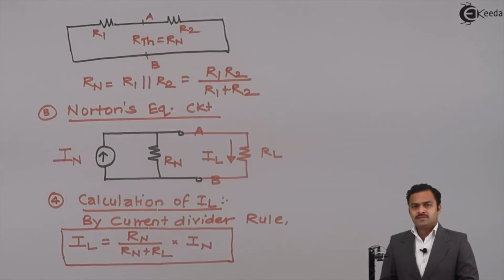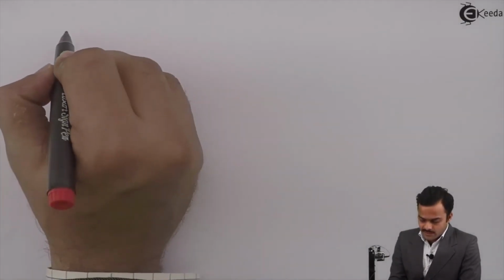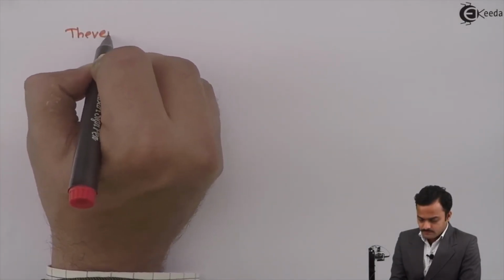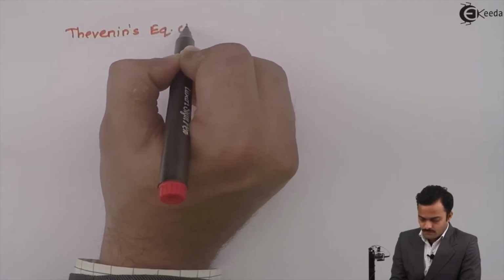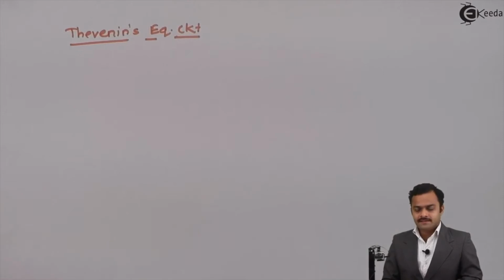So here we have seen how Norton's theorem can be applied to a problem, a simple problem we have taken in order to get IL. Now one more thing we want to develop, and that is the relationship of Thevenin's and Norton's equivalent circuits. So actually what I am doing over here now, I will consider Thevenin's equivalent circuit. As per the theorem, I will have a circuit like this.